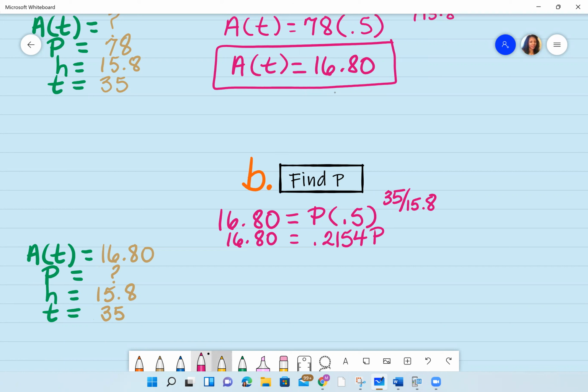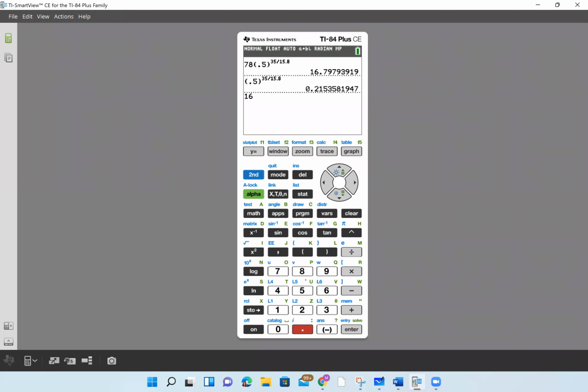And I have to ask myself, well, what's stopping P from being by itself? And whatever is stopping it, that's what I'm going to divide both sides by. And that's that 0.2154. When I do the math in my calculator, I'm going to take 16.80 divided by, and I can go up and copy the entire number this time, enter, and enter once more.